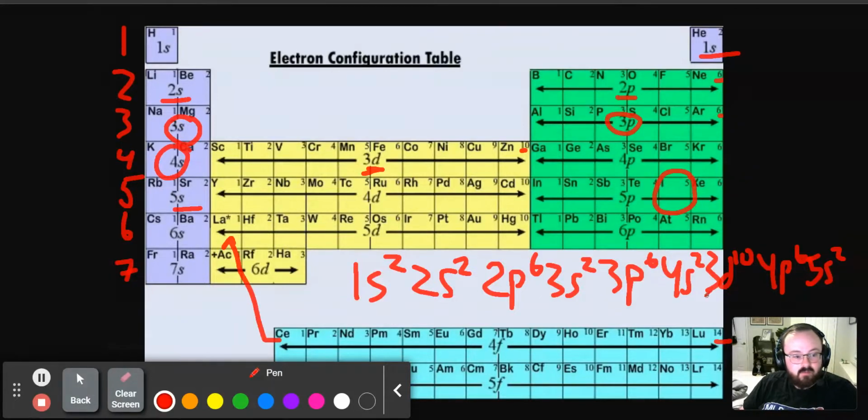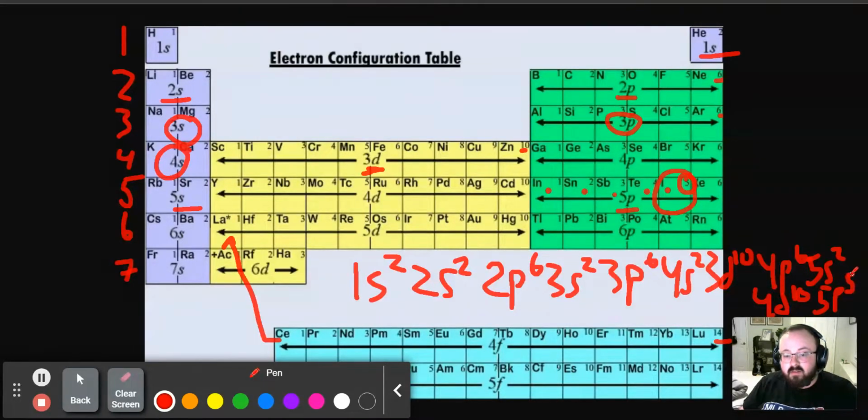Yeah, I ran out of room. I'm going to keep going down here. 5d10. And then finally, 5p. And here we are, number 5. So if we go 1, 2, 3, 4, 5, we would be at 5p5.